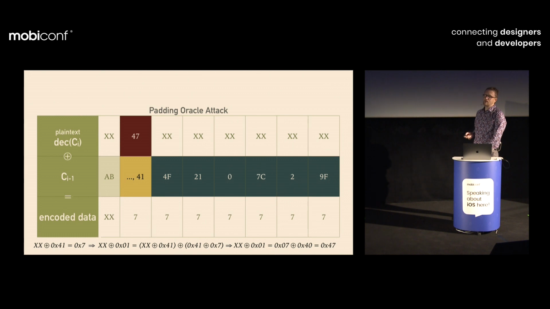And we do the same with the next byte. And look, we didn't use a key. The only information we got was the ciphertext that is public, because it's ciphertext, and the padding. That's all you need to decrypt the plain text.